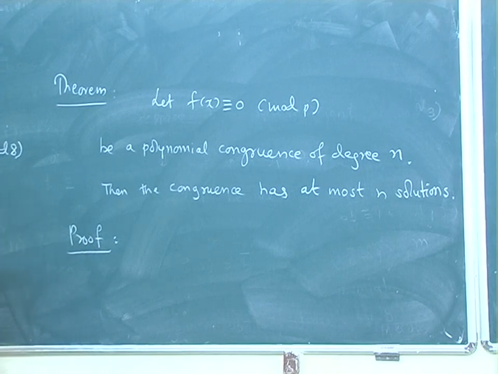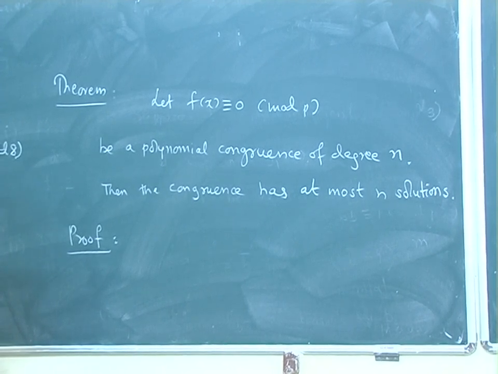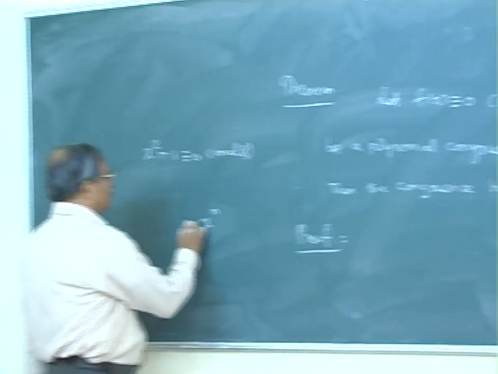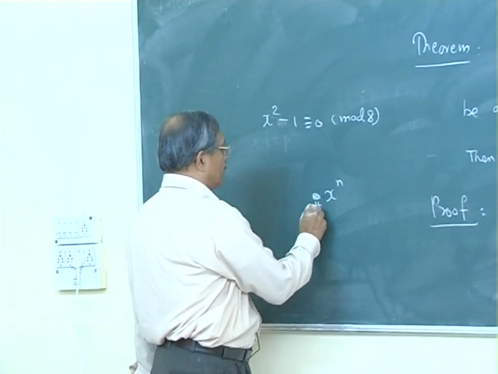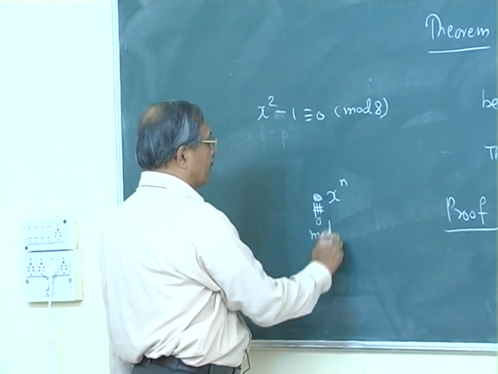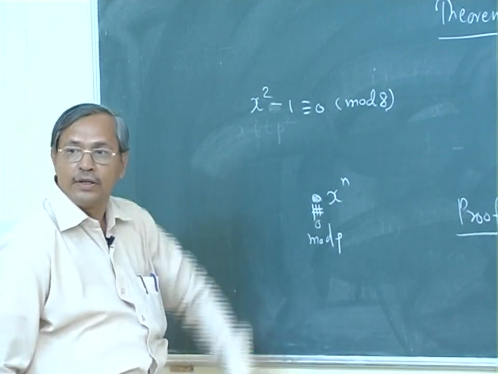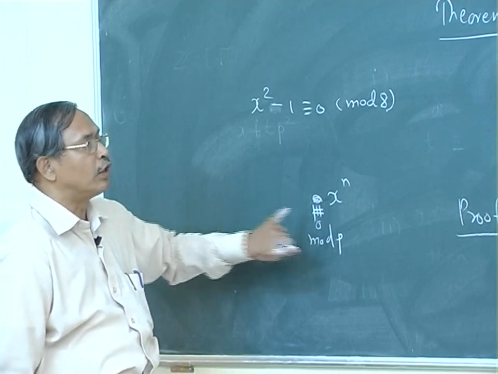So the largest n such that the coefficient is not congruent to 0 mod p, that is n in this case. When you say the polynomial congruence is of degree n, then n is the largest such that the coefficient of x raised to n is not divisible by p.